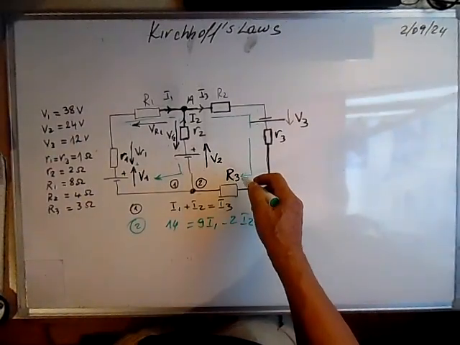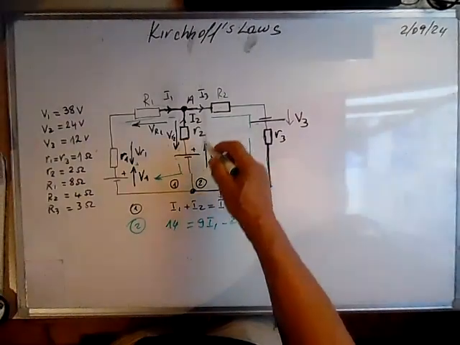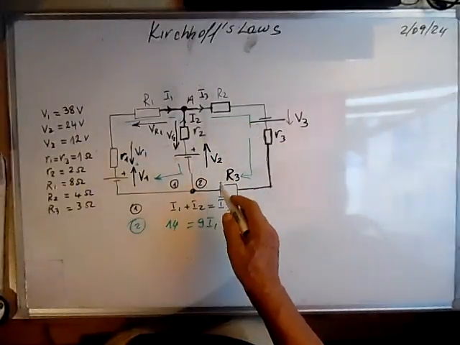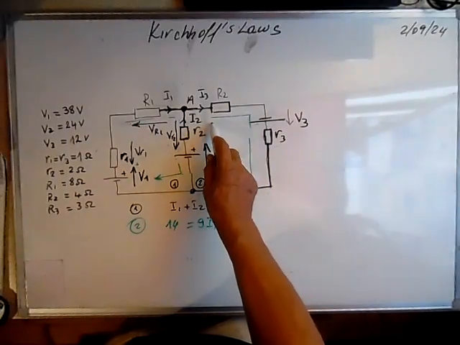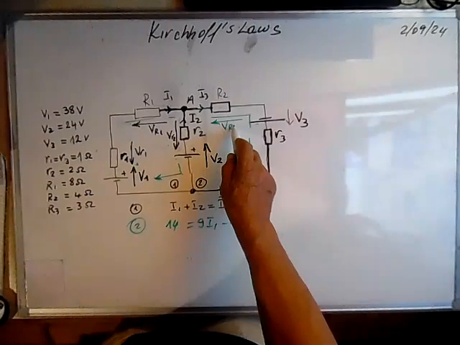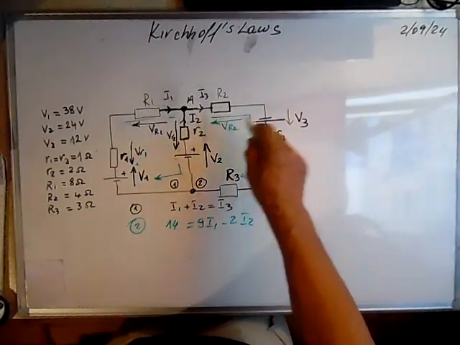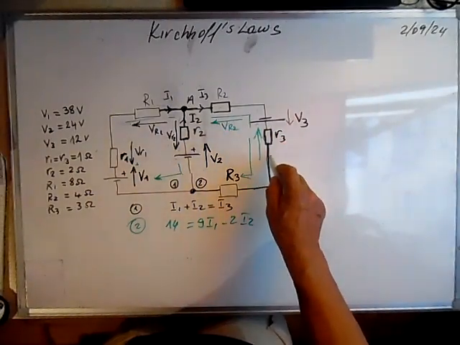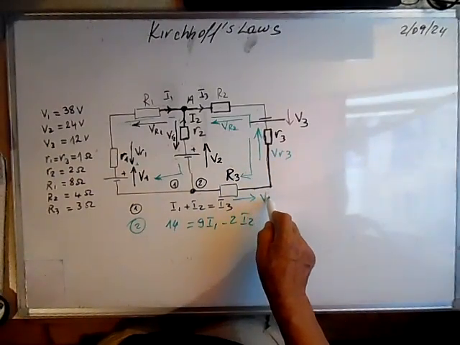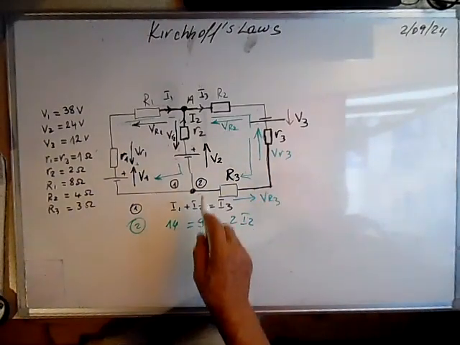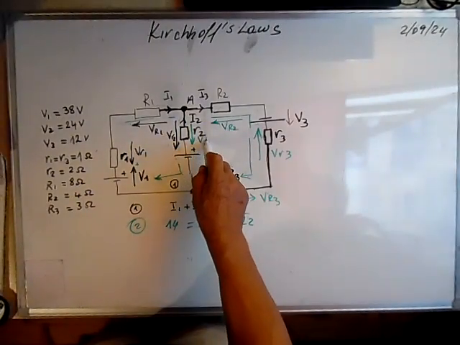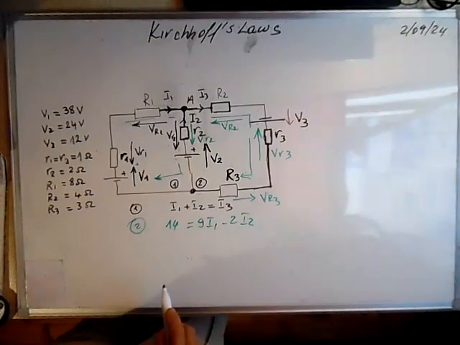Third equation is this mesh current, second mesh, and we write that the sum of the voltages here should be 0. Because the current is in this direction, VR2 will be in this direction. This one will be in this direction, VR3, and this one will be in this direction, VR small letter 2.